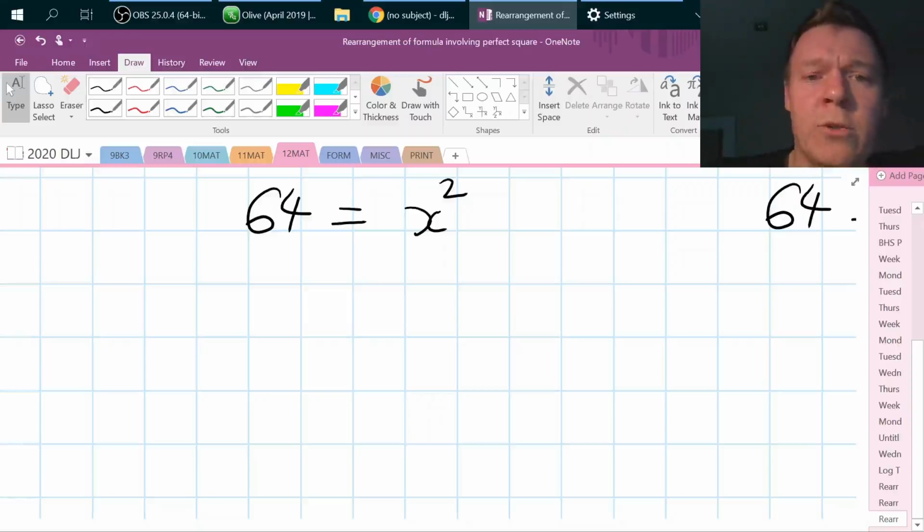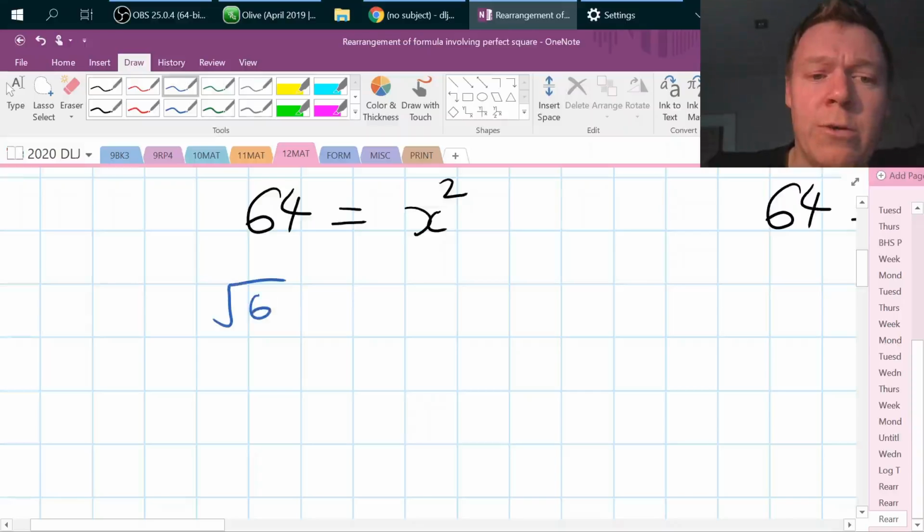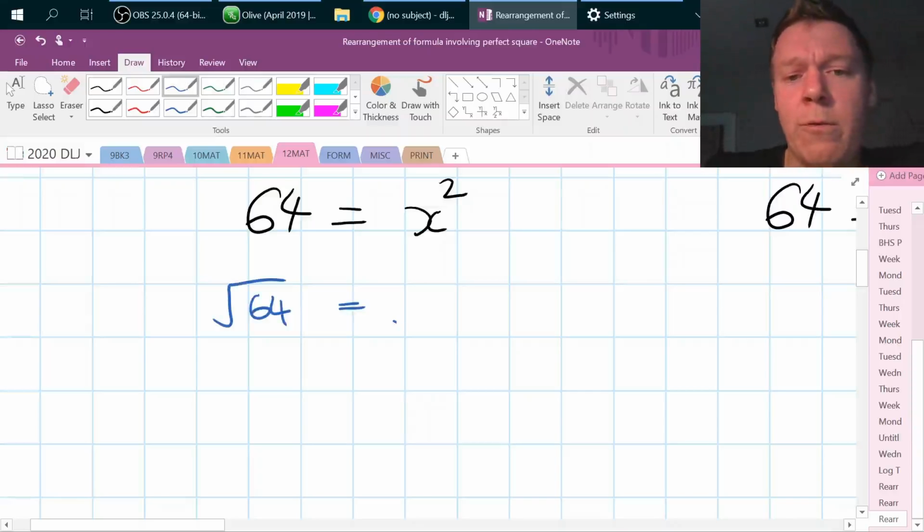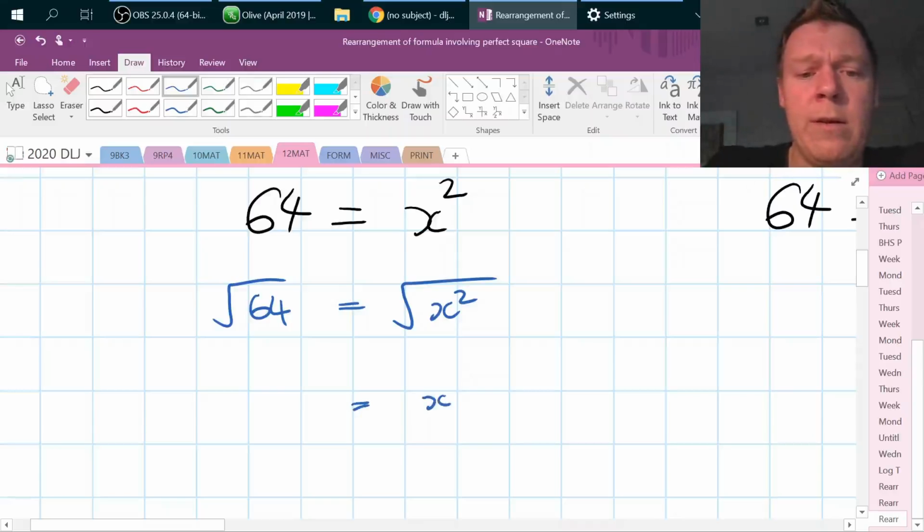Well, in algebra, the golden rule is to do the same thing to both sides. So generally we would show a square root on both sides. So if we take the square root of x squared, we get x, and if we take the square root of 64, if we put that in our calculator, we get 8.